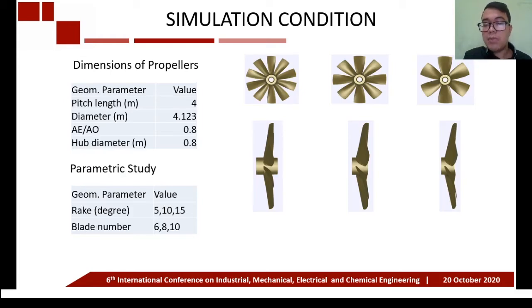Kaplan-type propellers are chosen because they tend to have higher thrust. The parametric studies are about the rake angle and blade number. The numbers of blades used were 6, 8, and 10. This difference aims to find the highest thrust. Rake angles are also divided into 5, 10, and 15 degrees.